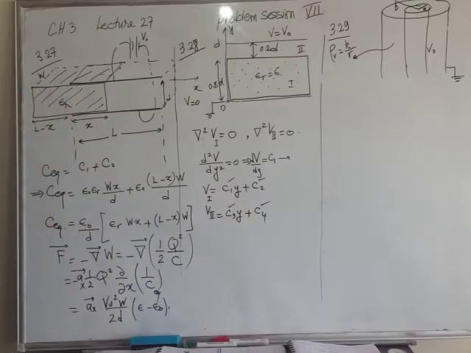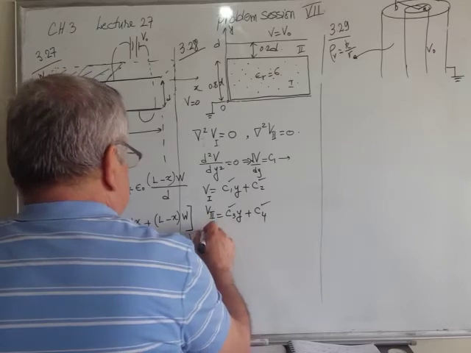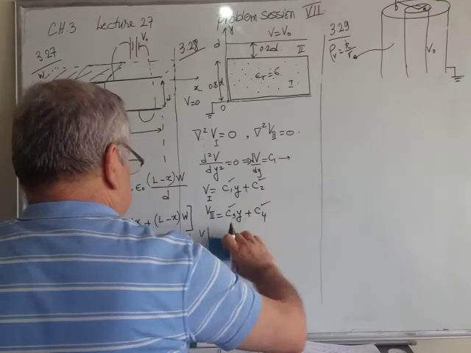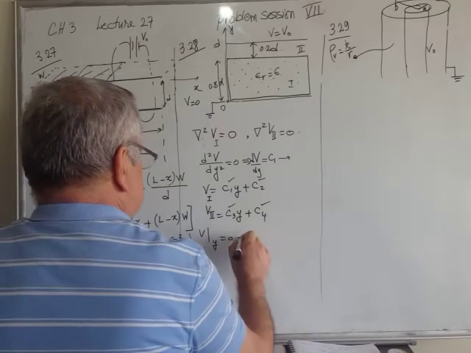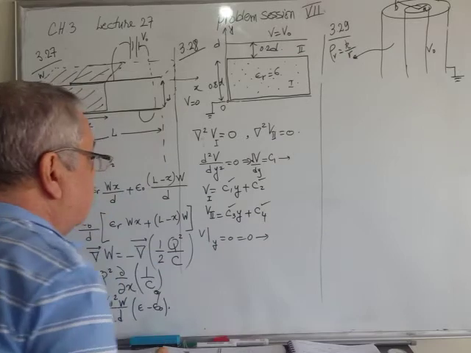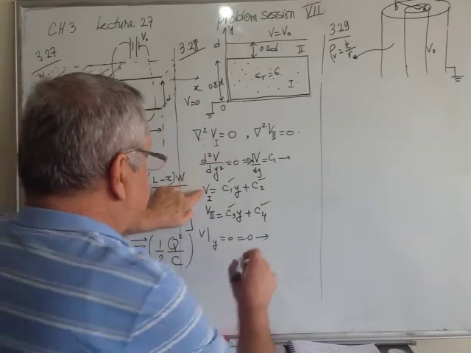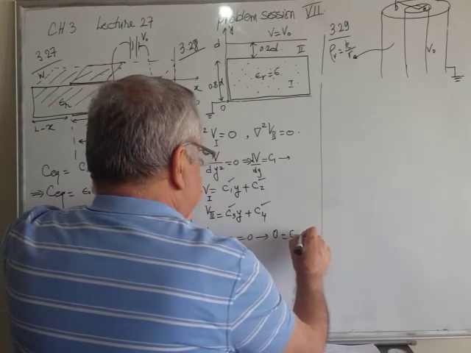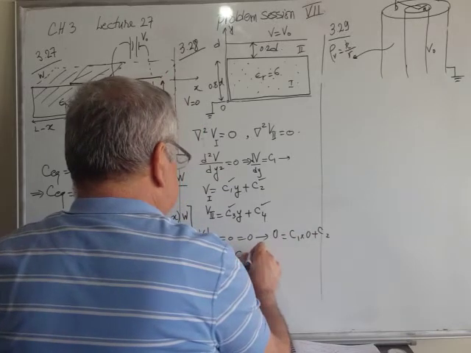What are these conditions? The first condition is that V at y equals 0 is 0. Y equals 0 is in region 1, so we take this one. That should be 0 when y is 0. So C1 times 0 plus C2. This means that C2 is 0.